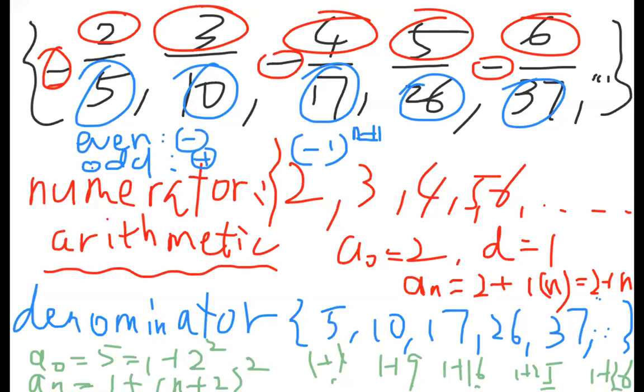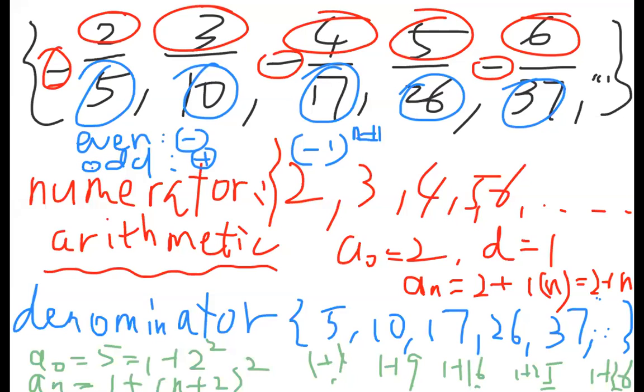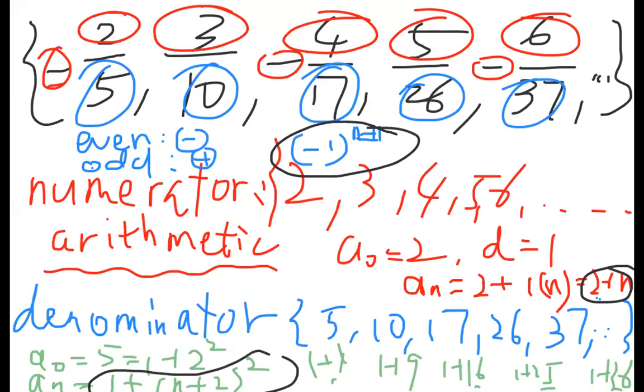So in general, you have this, and this. This is the numerator, this is the denominator, and this is the sign before that fraction. So combine everything together.